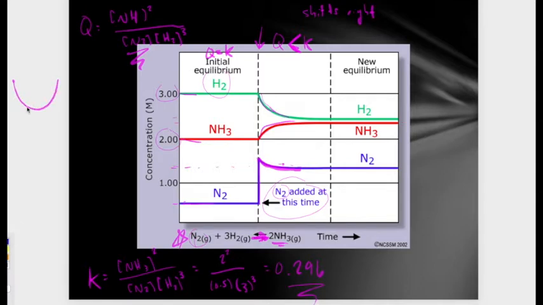So here's my cup, here's my marble. Let the left represent reactants. Let the right represent products. If I drop my marble, it's going to roll down and swing up here and then come back and forth, back and forth, back and forth, but eventually it will settle down right in the middle.